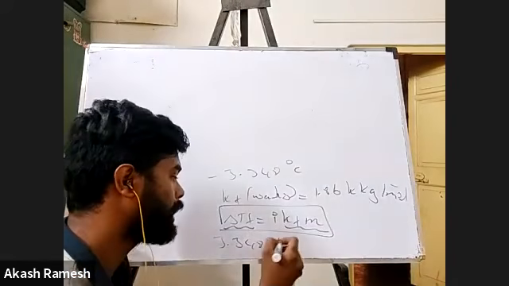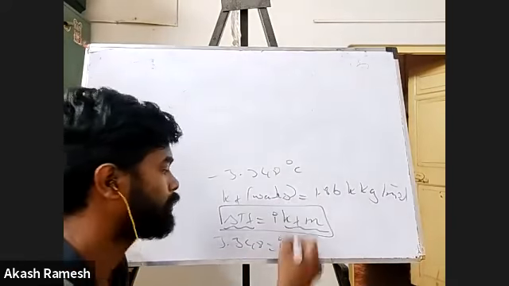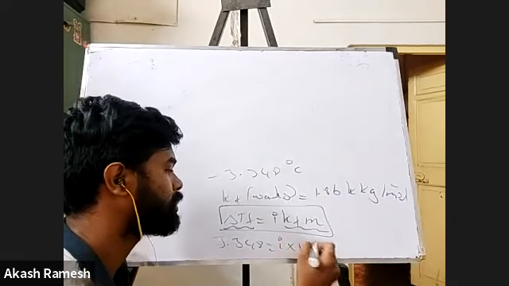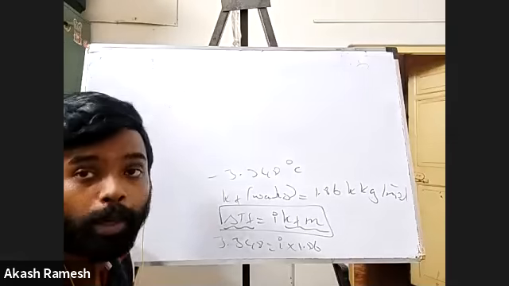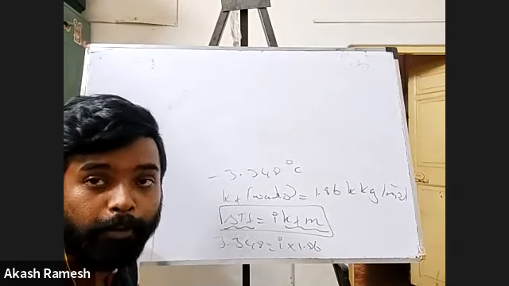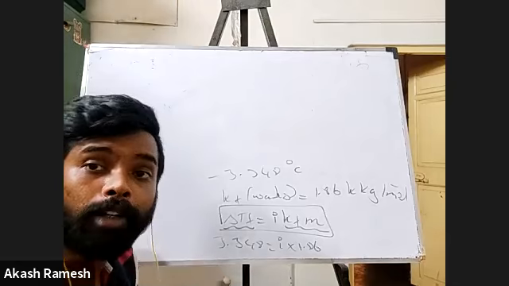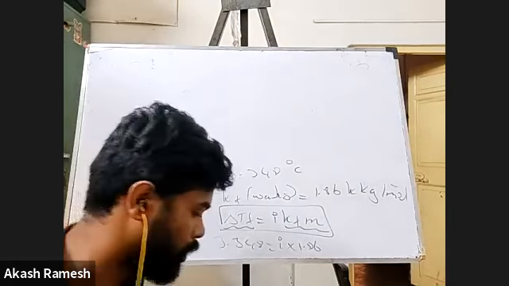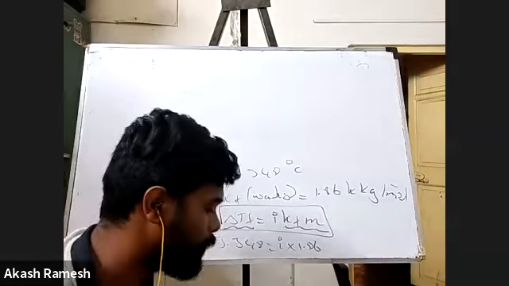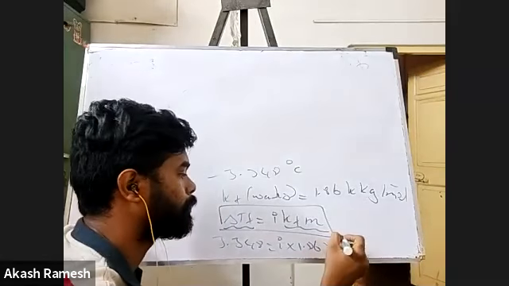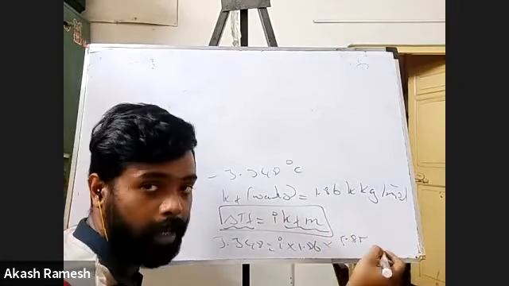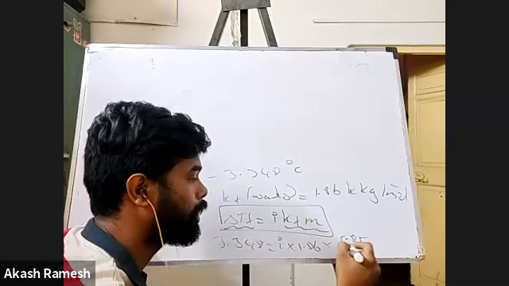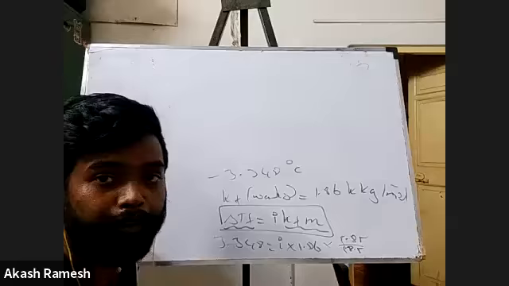And i is what we have to calculate. Kf is given, which is 1.86. Molality you have to calculate again. You know how to calculate it: number of moles divided by mass of solvent. The given mass is 5.85, divided by the molecular mass, that is 58.5.